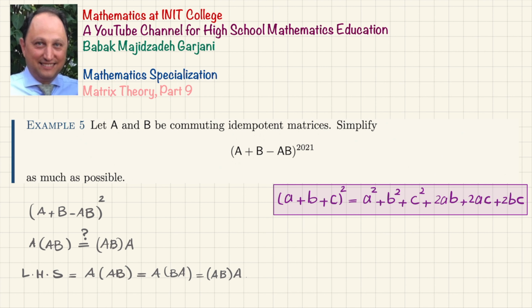So you see, I was able to start from the left-hand side and using the commutativity of A and B and then associativity, I was able to reach the right-hand side, yes? So similarly, we can show that B times AB is equal to AB times B. Okay, so it means that now I am on the safe side.